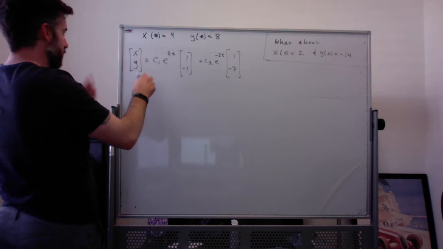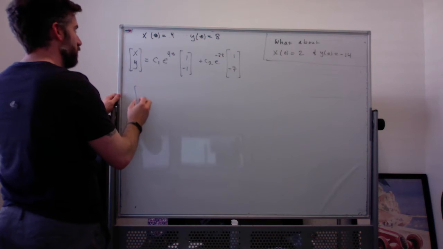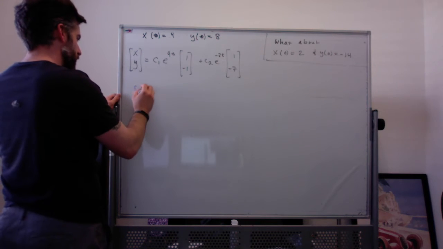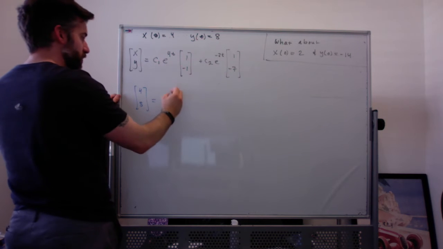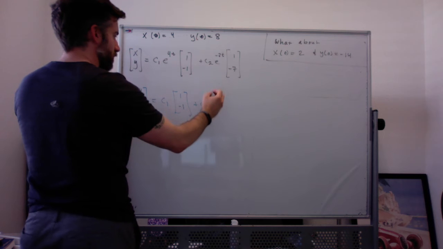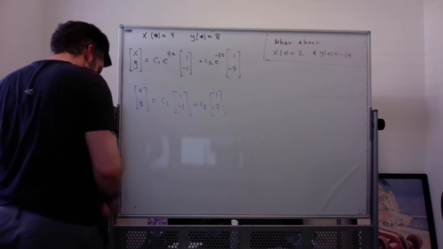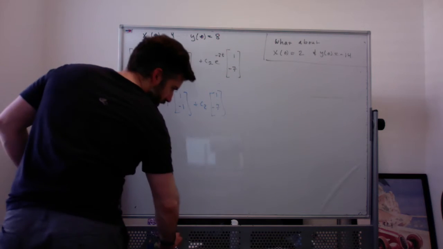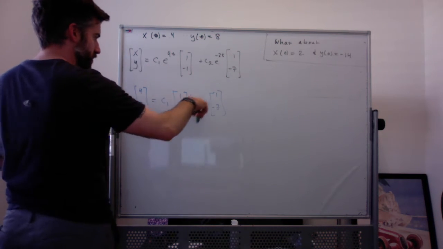So x, y at 0, so 4, 8 equals c1, e to the 0 is just 1, c2 e to the 0 is just 1. So what we end up with is 4 equal to c1 times 1 plus c2 times 1.